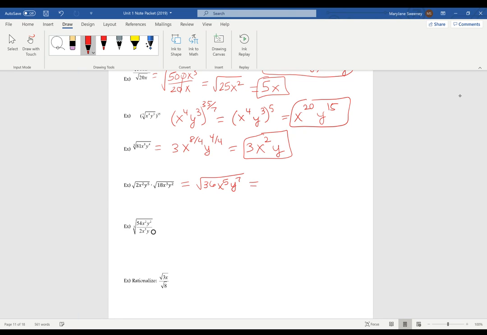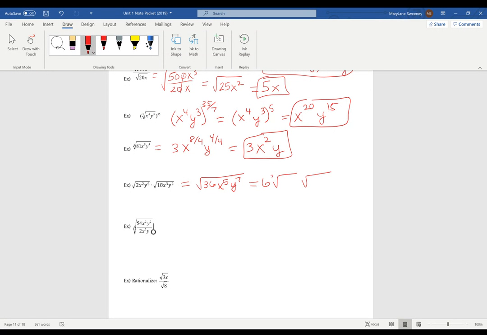Okay. When I'm breaking those down, square root of 36 is 6. Now, when I want to break down the x to the 5th, y to the 7th, I want to think of what the perfect squares are. So I have to have the largest number closest to 5 that is divisible by 2, right?